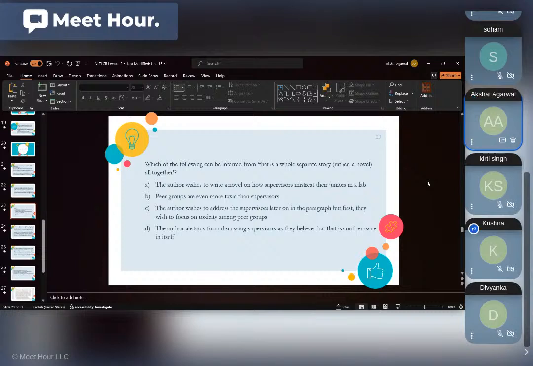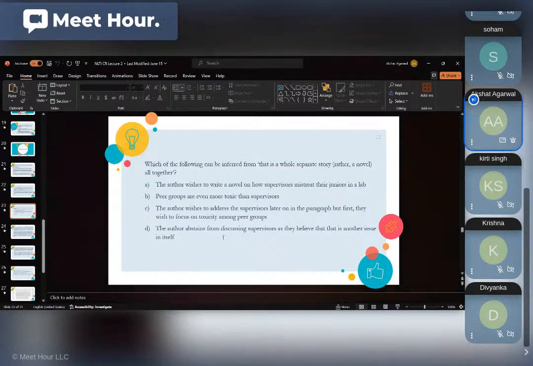So basically this question is specifically asking you to infer something from a particular line: that is a whole separate story rather a novel altogether. What do you think is the inference? Pretty simple. Very good.